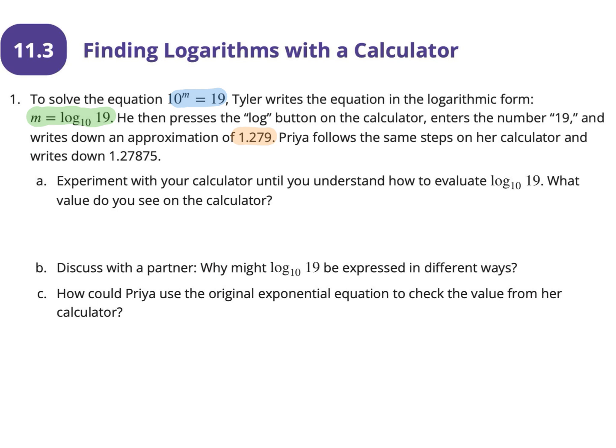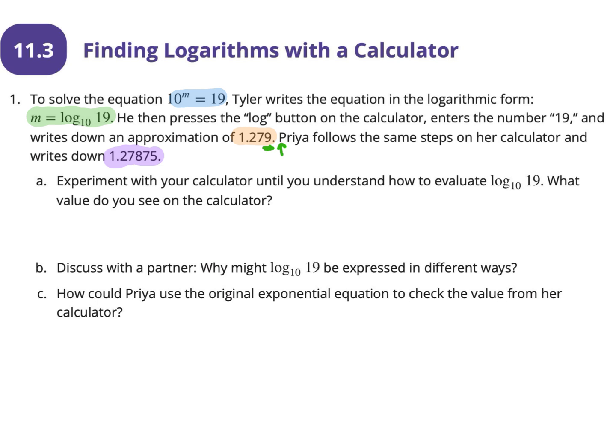Somebody else wrote down a different number. What is the difference between these two numbers? What Tyler did was round to the third digit, the thousandths place. He looked at the number to the right. It was 5 or more, so that 8 pushed to 9.